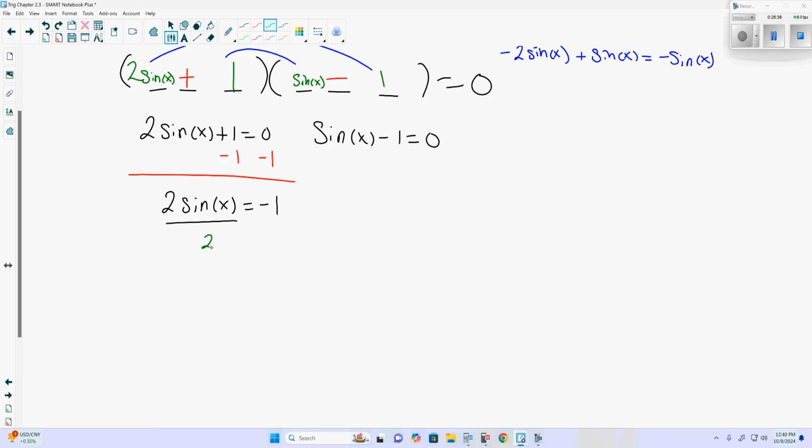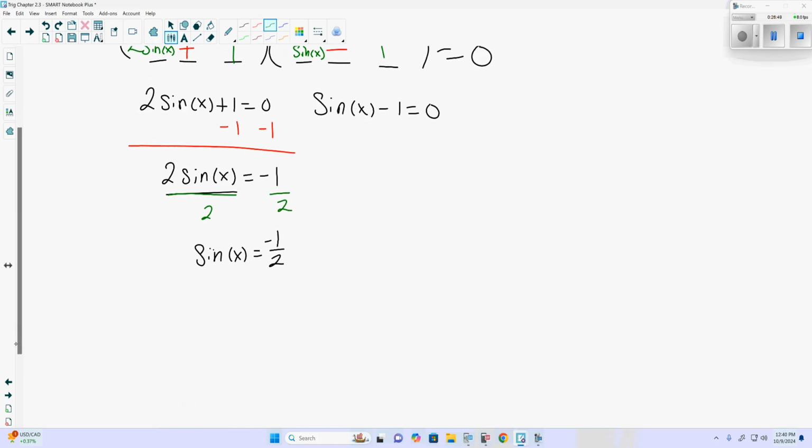Then we can divide both sides by 2, telling us sine of x is equal to negative 1/2. The other equation, we can add 1 to both sides, telling us sine of x is equal to 1. Okay.